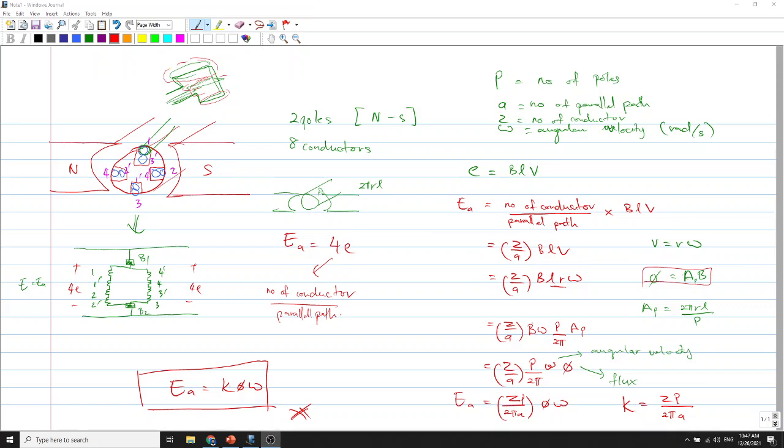Please be noted that some books replace the omega here with another symbol.